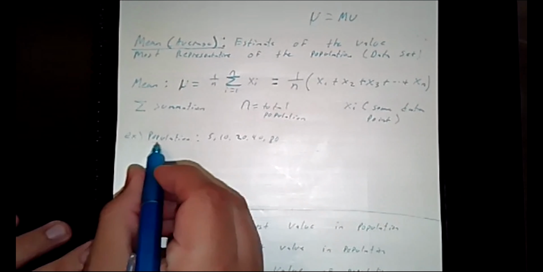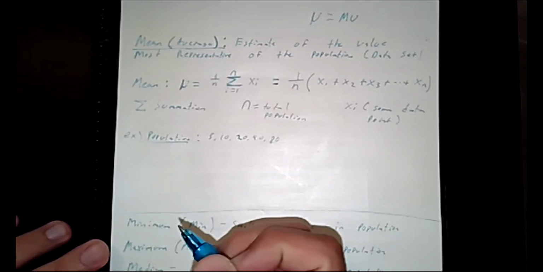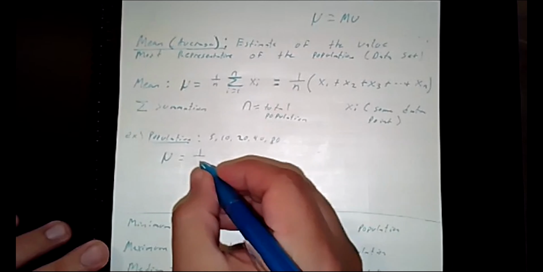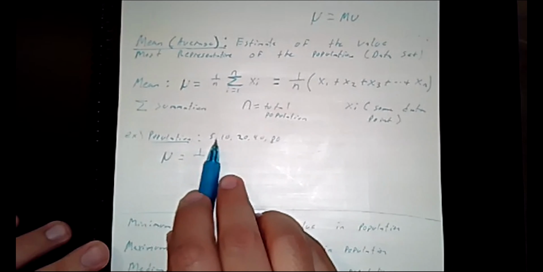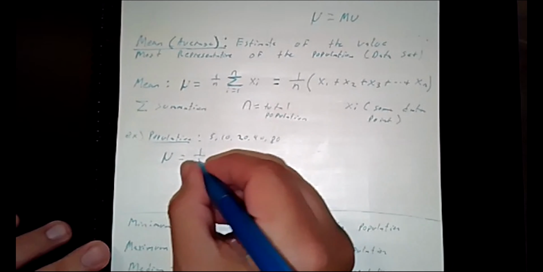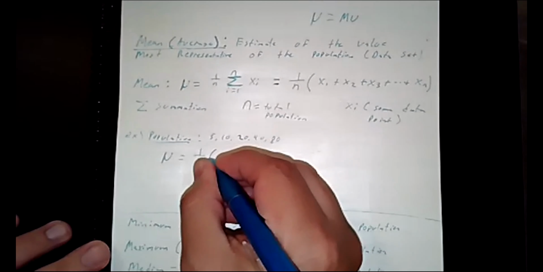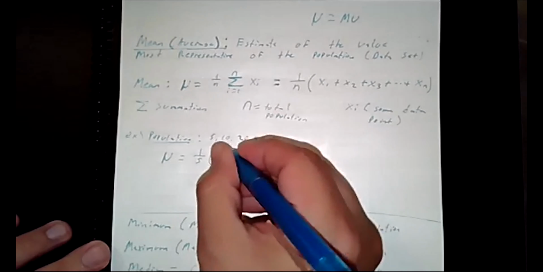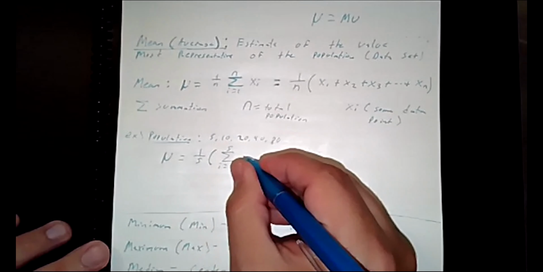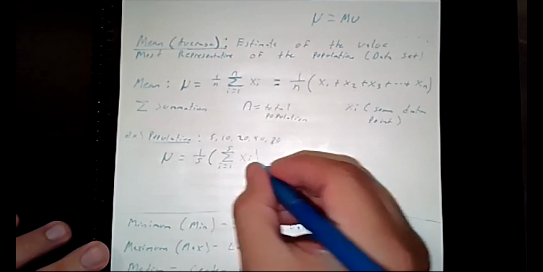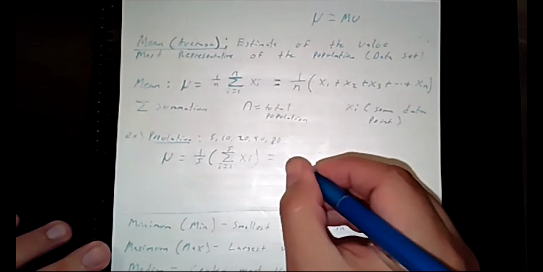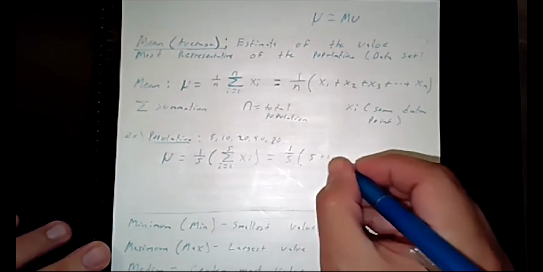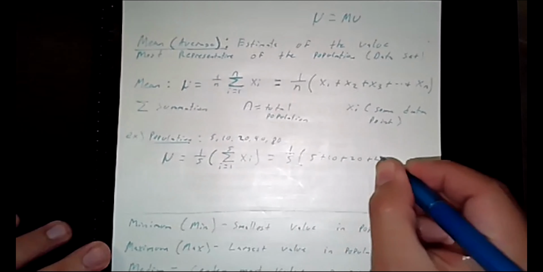Since they use the word population and not sample, you're going to say mu is equal to 1 over n, which is 1, 2, 3, 4, 5 terms, so 5, times the summation from i equals 1 to 5 of some x data point, which is basically stuff we've done before. 1/5 times 5 plus 10 plus 20 plus 40 plus 80.